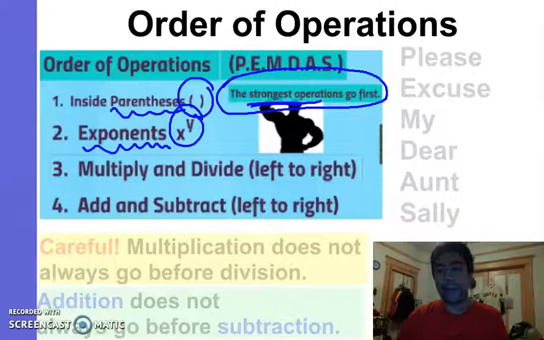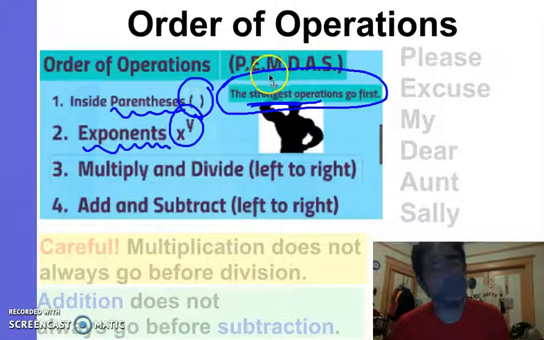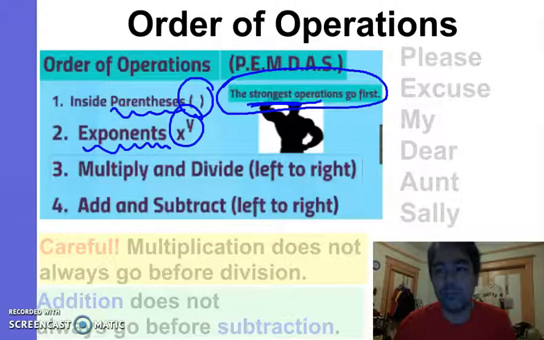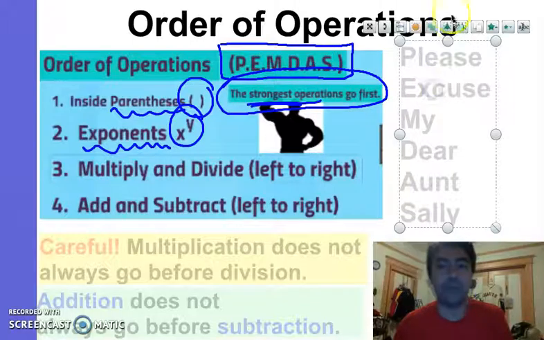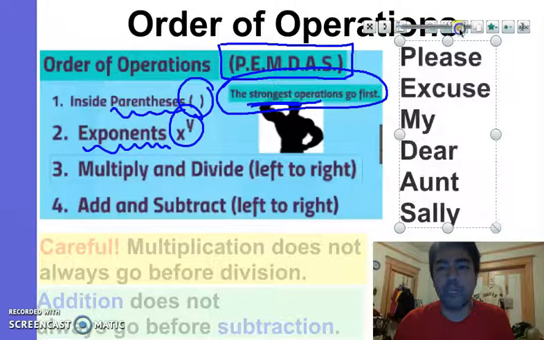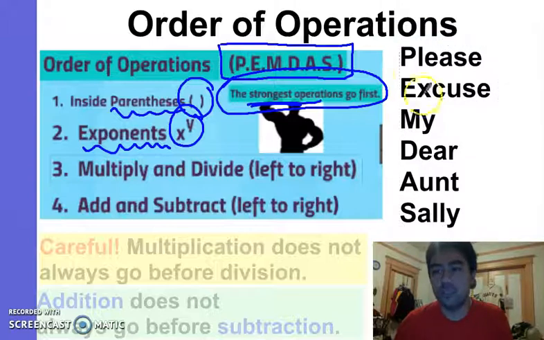One of the things you have to do is memorize the order of operations. A lot of times people memorize PEMDAS, and one way to remember PEMDAS is: Please excuse my dear Aunt Sally.